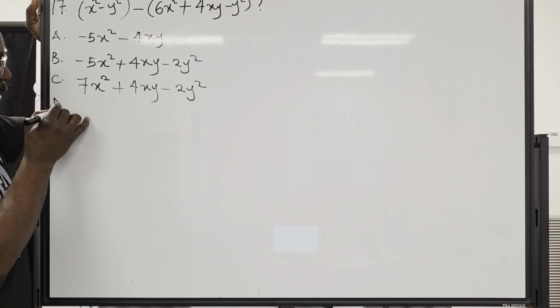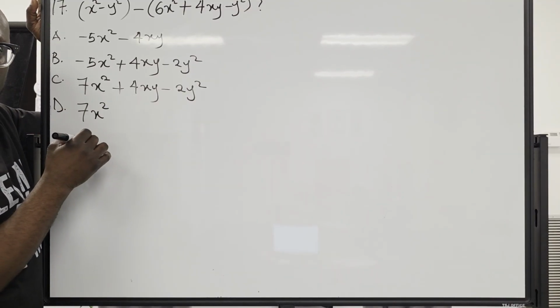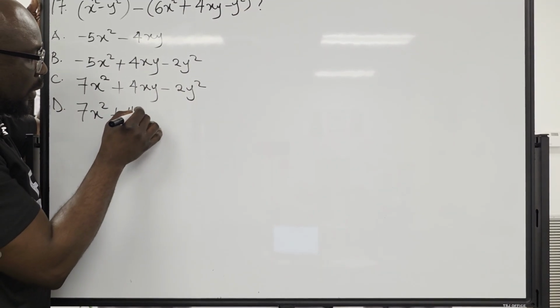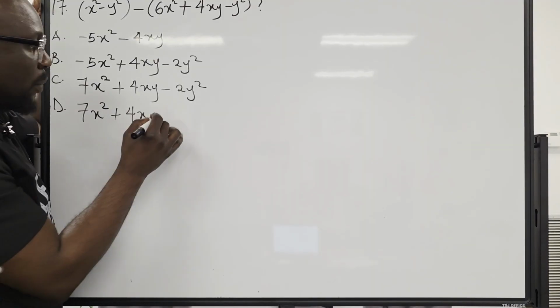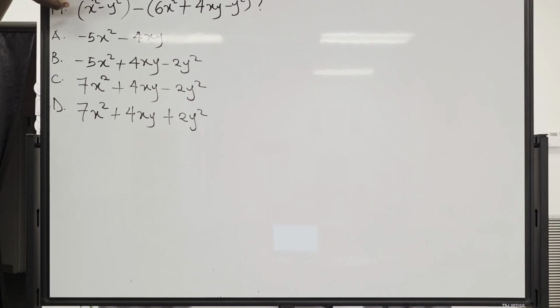And option D, 7x squared plus 4xy plus 2y squared. So let's quickly solve this one to see which one is the answer.